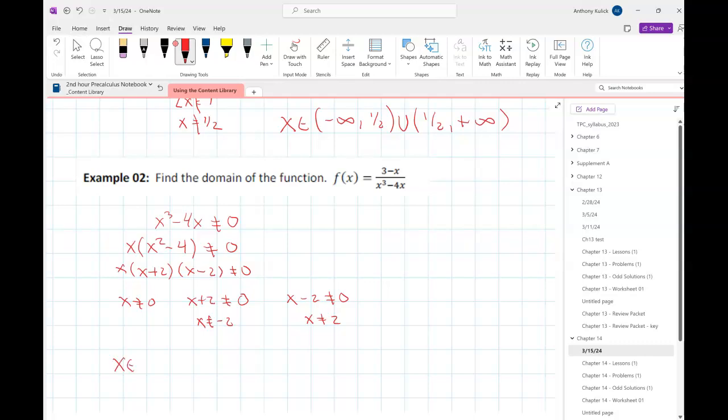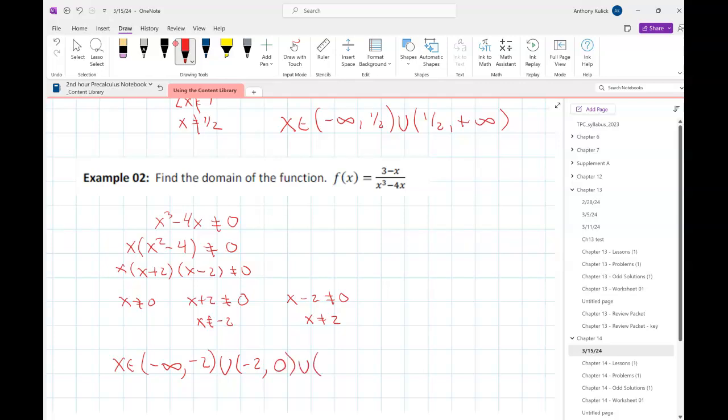So my x's could go from negative infinity to what value? I can't do a plus or minus with an interval. I would not do 0 here. Has to be the smallest one first, right? And then negative 2 to what number? Not positive 2. 0, the next smallest number.